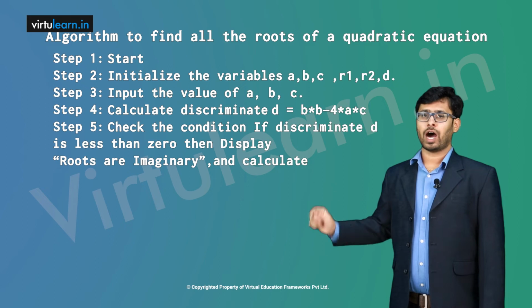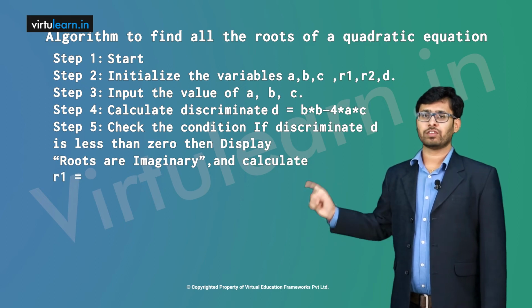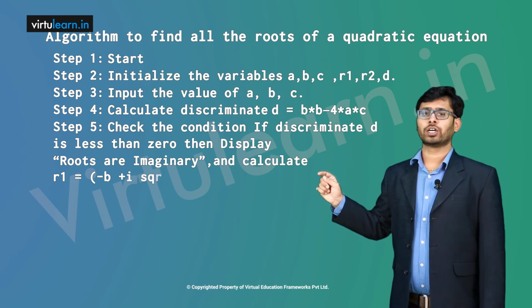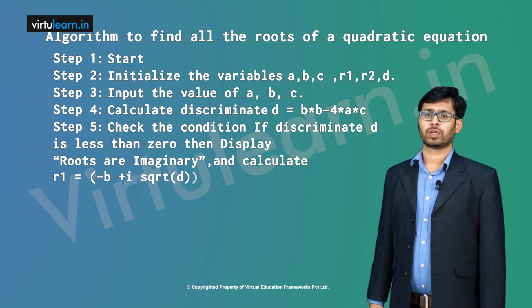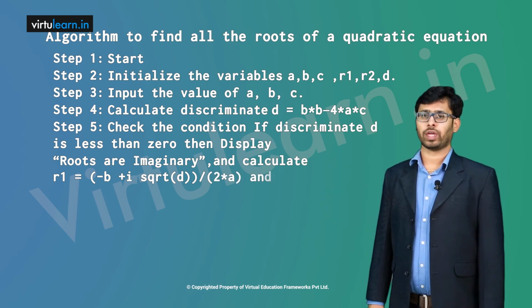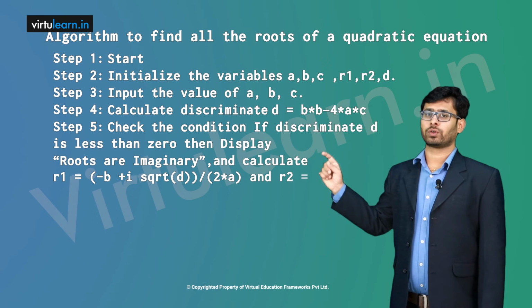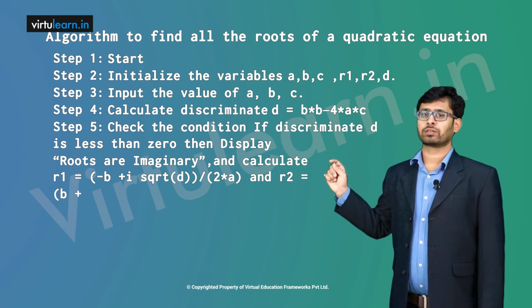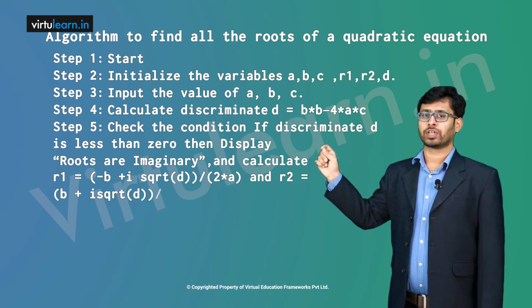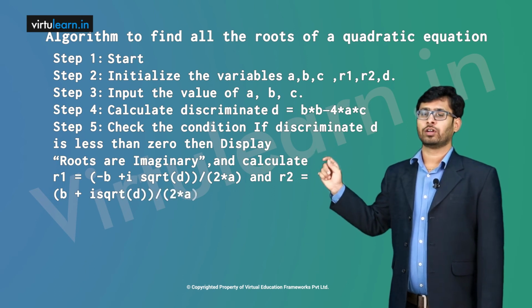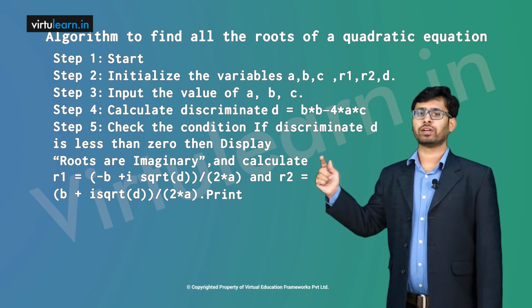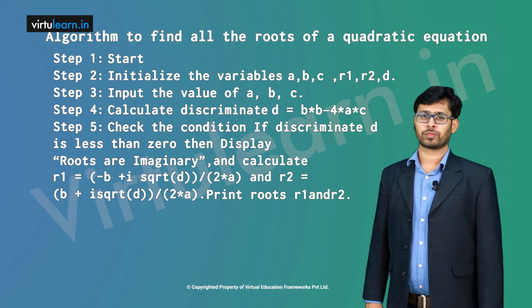They are r1 is equal to minus b plus I, that is the imaginary part, under root of discriminant by 2a, and r2 is equal to minus b minus I under root of the given discriminant divided by 2a, and then we need to print the roots r1 and r2.